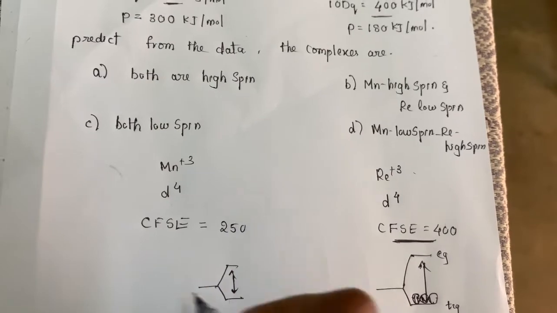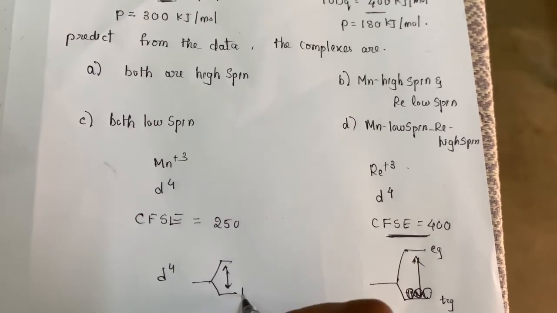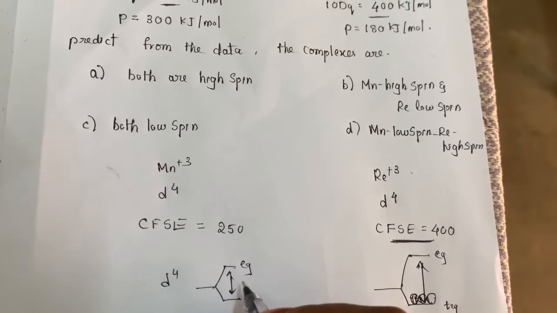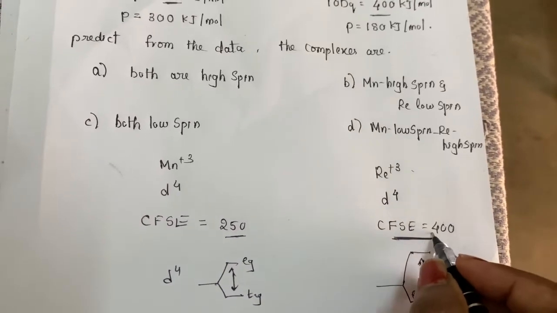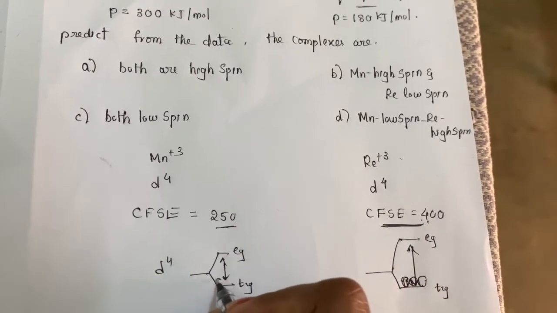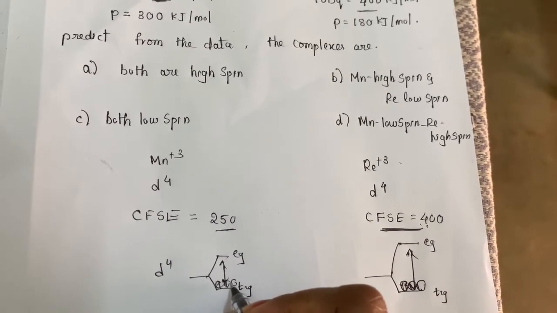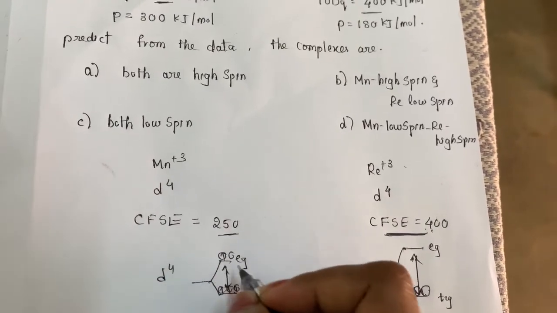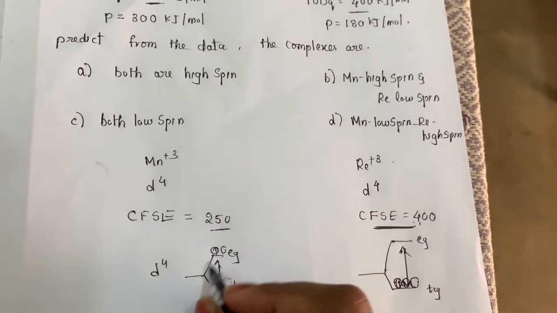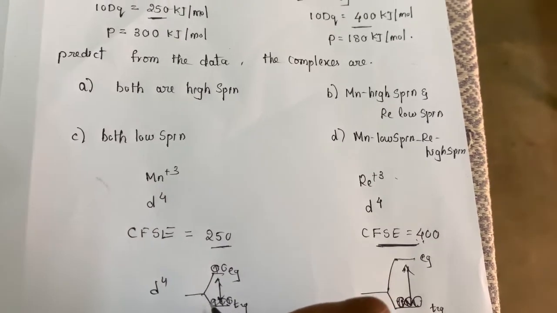But in the case of manganese, what is happening? The t2g and eg difference is very low, as they have given CFSE lower compared to rhenium. So after 3 electrons are filled in the t2g level, the 4th electron tries to enter the eg level, because the pairing energy is very high, so pairing is not possible here.